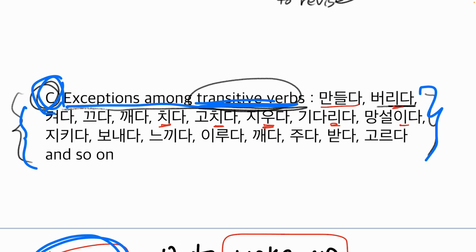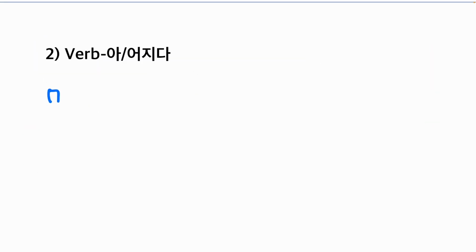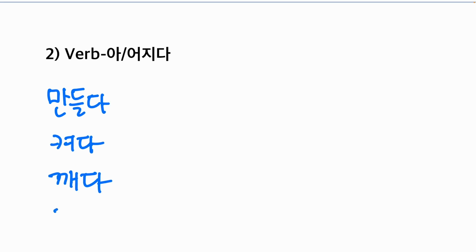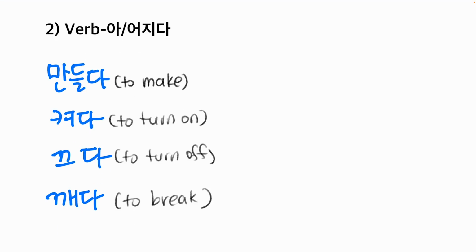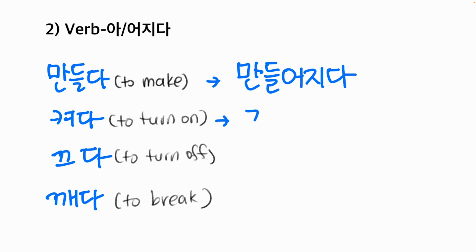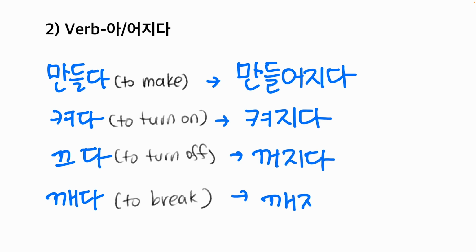So if we bring some of the exception verbs like 만들다, 켜다, 깨다, 끄다, these exception verbs can be made into a passive form by combining them with the 지다 format. So it would be 만들어지다 and 켜지다 and 꺼지다 and 깨지다, right?